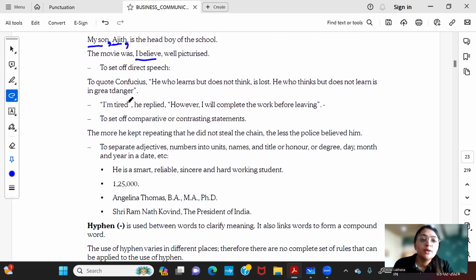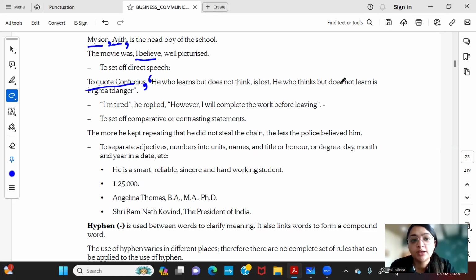Yes. The next one will be to quote, to set off direct speech. Whenever we are speaking in third person and in between we want to quote what another person has said, before we quote that, we use a comma to understand that now a quote is going to begin. To quote Confucius, before we are quoting that particular person, we have inserted a comma. Then we started with inverted commas where we are saying, he who learns but does not think is lost.